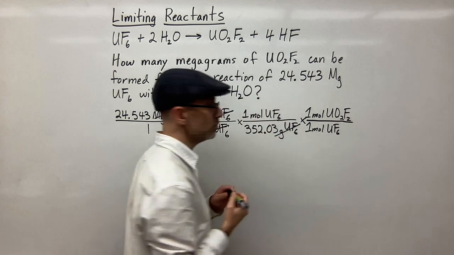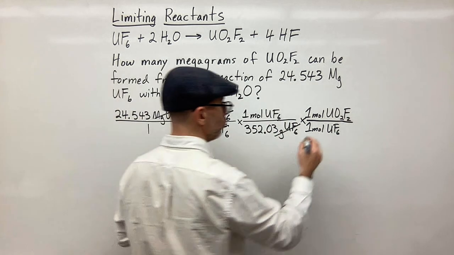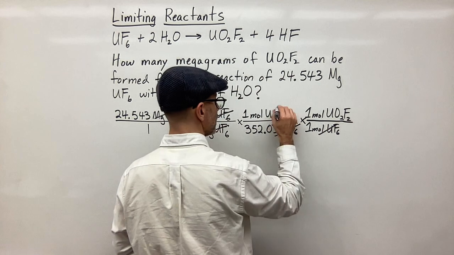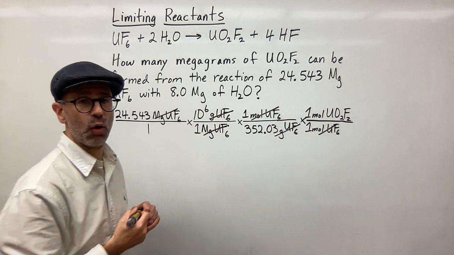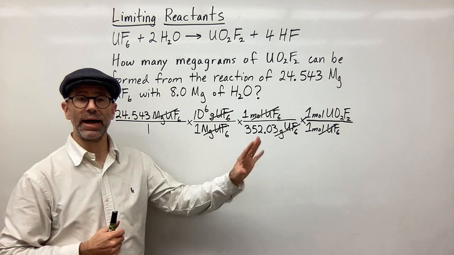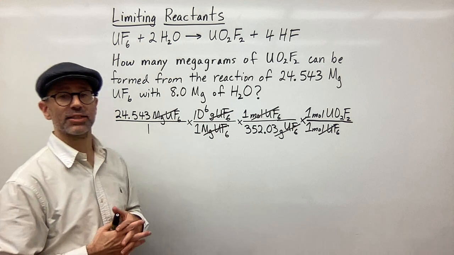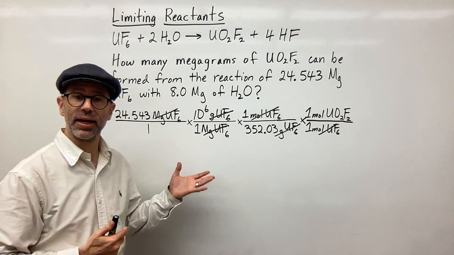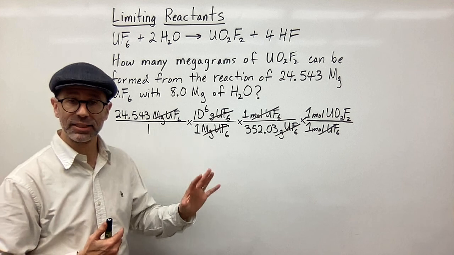Okay, so now moles of UF6 cancel out. Now I have moles of the other substance. So now at this point, it's converting back to the mass. Since they're giving us megagrams, we're going to convert back to megagrams.